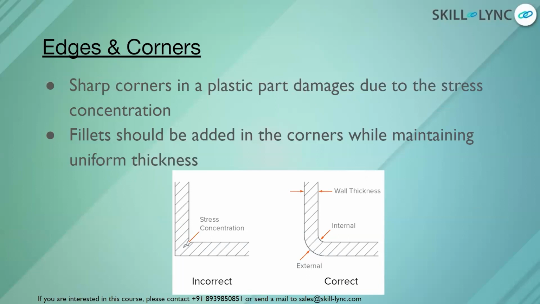If you could see, the internal radius is 5 mm, for example, and the thickness is 2 mm, then we need to make sure the calculation is done accordingly, so that the external radius will be 5 plus the thickness, that is, the internal radius plus the thickness value. Okay, so this is how you need to calculate it so that you can have uniform thickness maintained, which leads to proper flow of injection molded material.